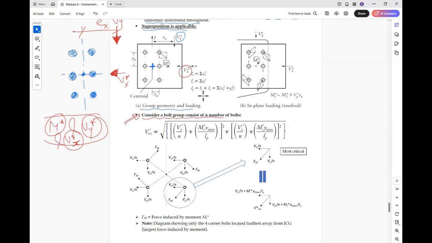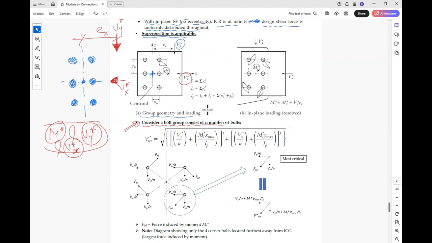If we have a general case of Vy star, Vx star, Mi star, the resultant force will be the root of (Vy star over N plus Mi star times X max over Ib) all squared plus (Vx star over N plus Mi star times Y max over Ib) all squared.